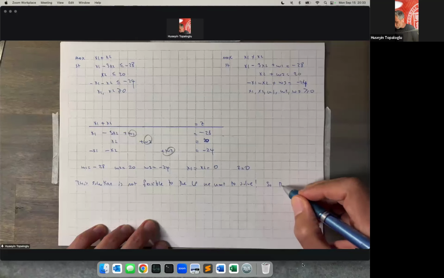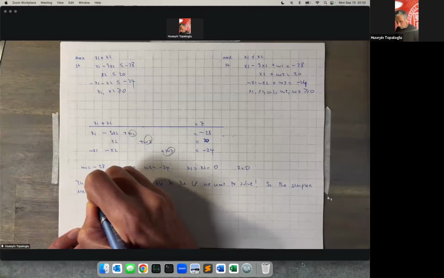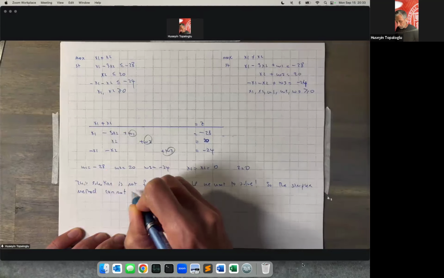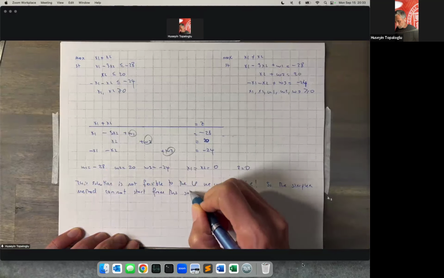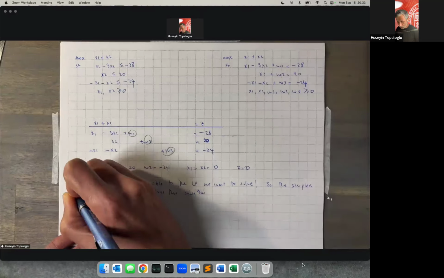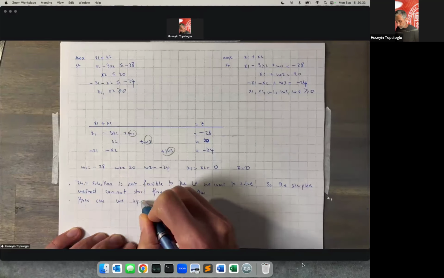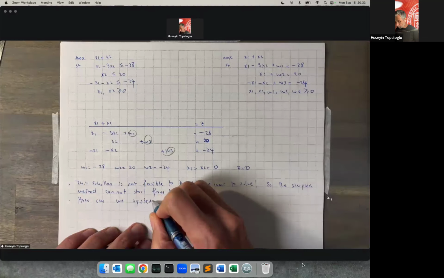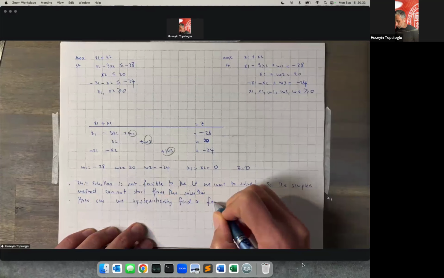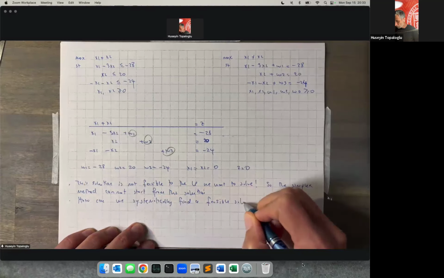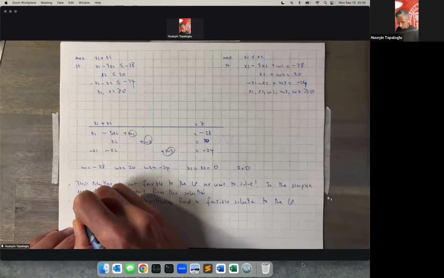So the simplex method cannot start from this solution. And the question is, how can we systematically find a feasible solution to the LP we want to solve?